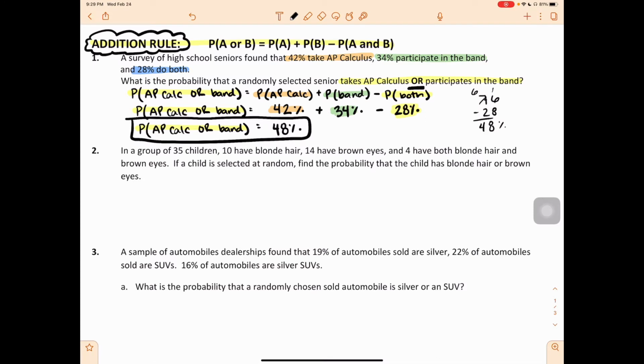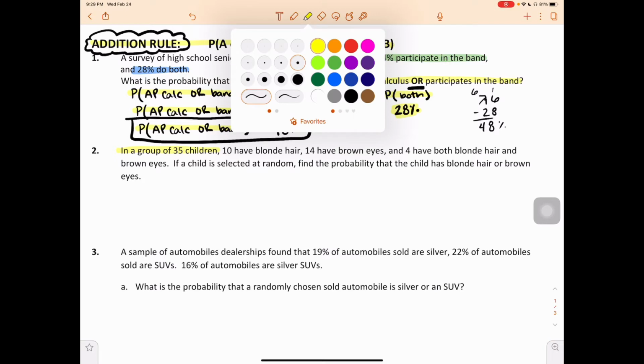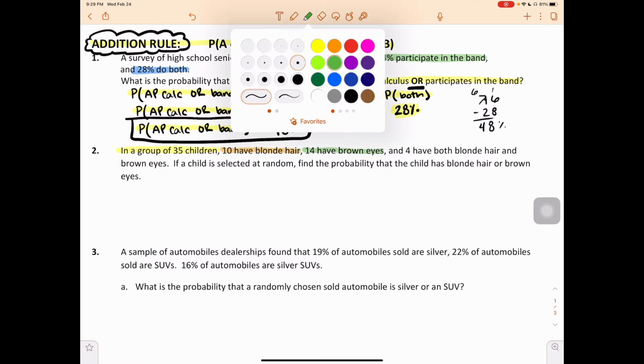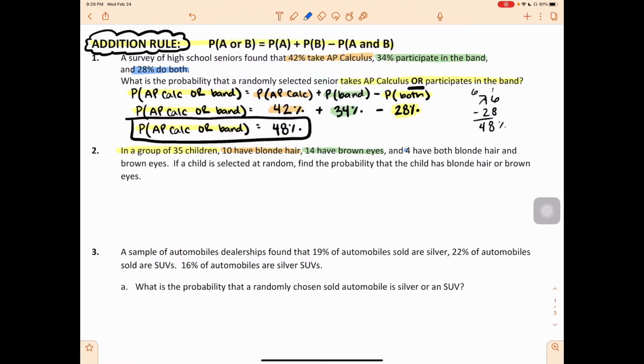So we know that the total number of students, or participants in this study, if you will, in a group of 35 children. So 35 is the total. We know that 10 have blonde hair, 14 have brown eyes, and four of them have both blonde hair and brown eyes.